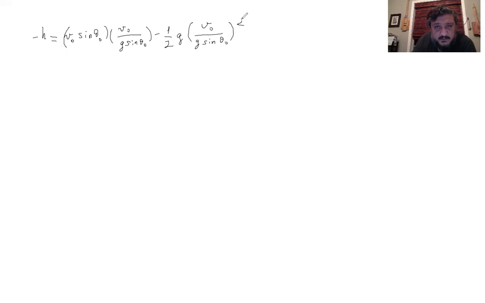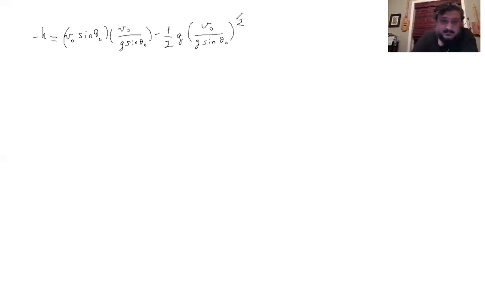Negative h is equal to v naught sine theta naught times t, which was v naught divided by g sine theta naught, all right? And minus 1/2 g v naught over g sine theta naught squared.